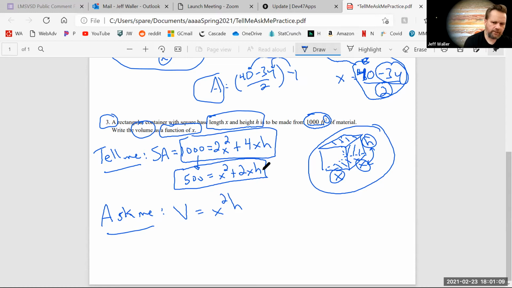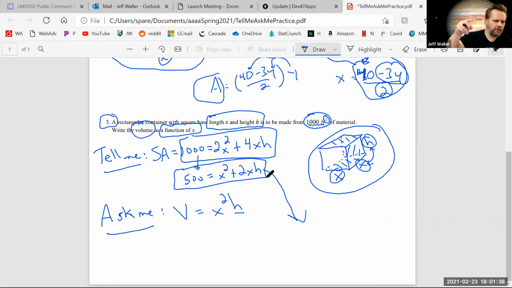What do I do to this to do that? Subtract x squared. All right, so don't be too specific. I solved that for, factor, multiply by h. No. I really want you guys with me. I want to kill h, which means I need to replace it with something, which means I have to take this equation and solve it for h.